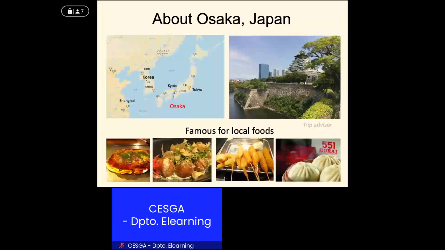The special thing in Osaka is local food. I have many visitors from Europe and America, and they really like this local food. I'm sorry, I didn't show ramen, but they like ramen a lot. But here is something like a pancake, but not sweet.